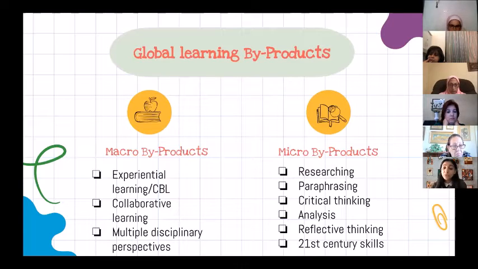For the micro byproducts, they learn different skills like researching skills, paraphrasing skills, critical thinking, analysis, reflective skills. These are higher levels of thinking, and 21st century skills like becoming digitally aware.